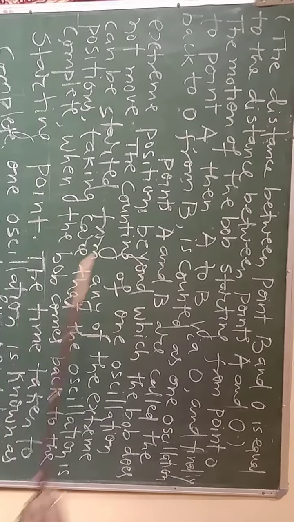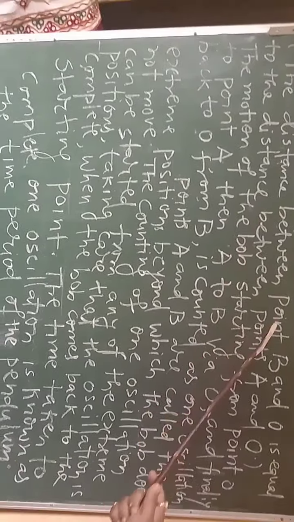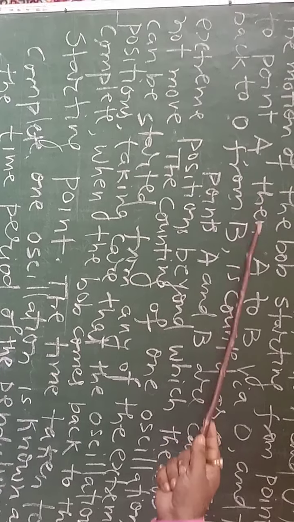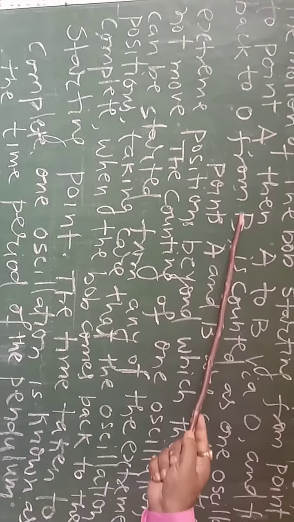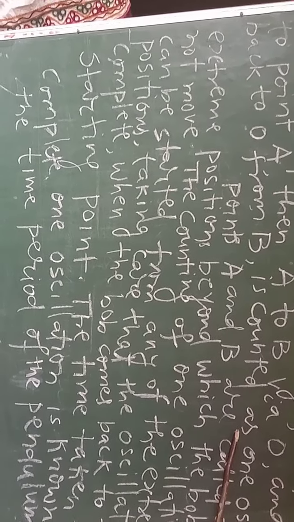Here the distance between point B and O is equal to the distance between point A and O. So the motion of the bob starting from point O to point A, then A to B via O, and finally back to O from B is counted as one oscillation.